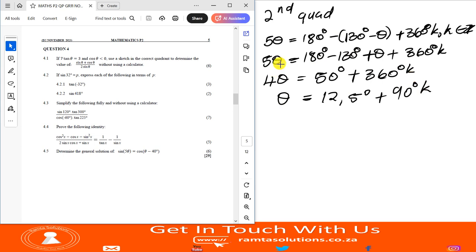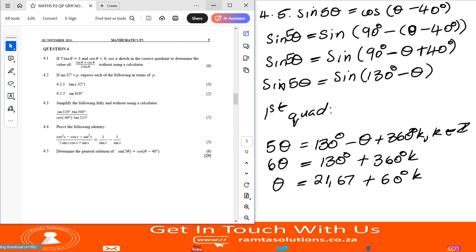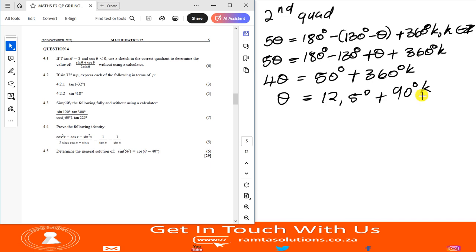All right. So this is how we solve this question. This is where these graphs are intersecting, and this is your general solution, of course.